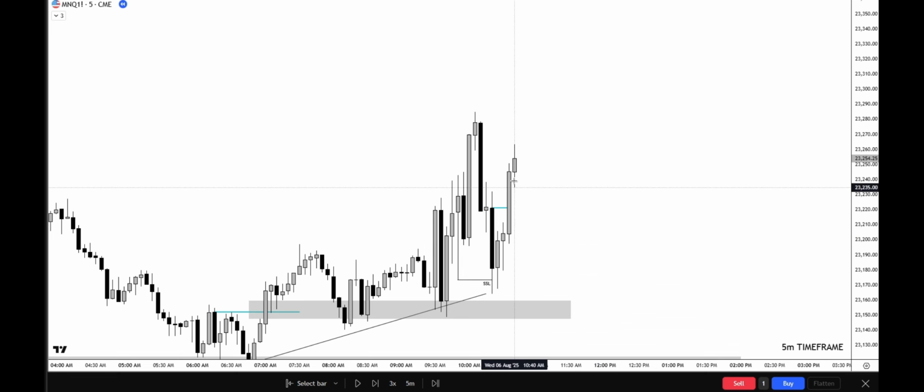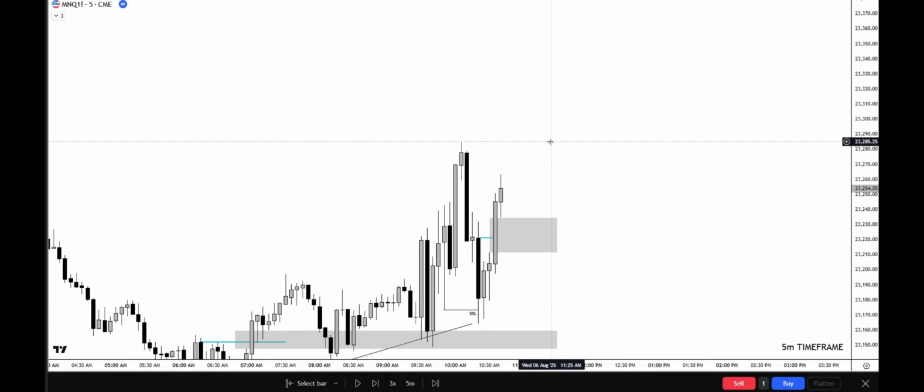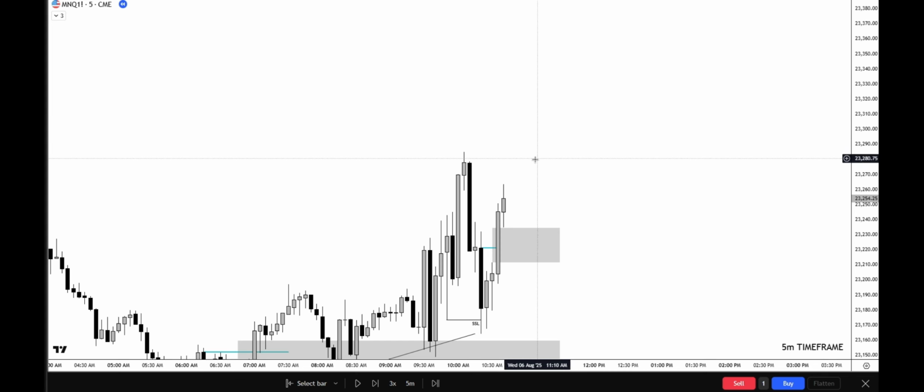What I need to see next is price to come to this fair value gap, hold this breaker block as well, and go towards my higher time frame DOL.